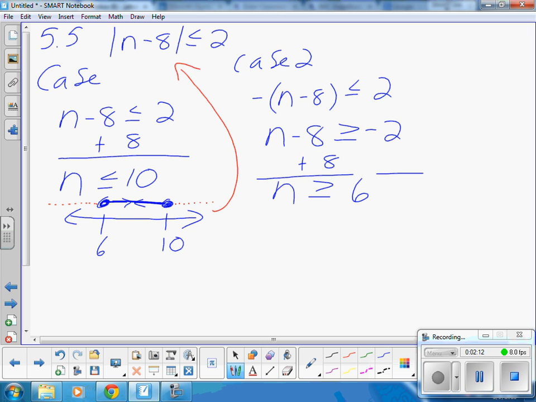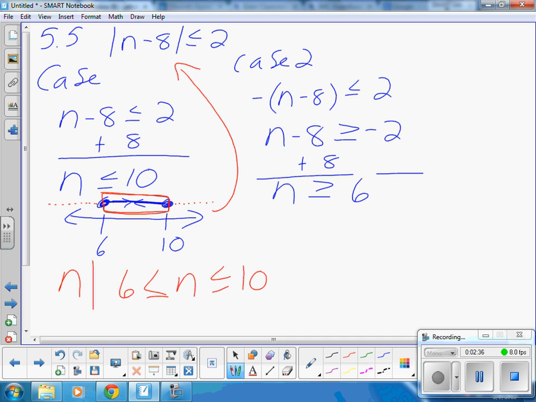So my answer is in this window right here. Okay, so that is why it is strictly that. So your answer will be n, for all values of n, such that 6 is less than or equal to n less than or equal to 10.